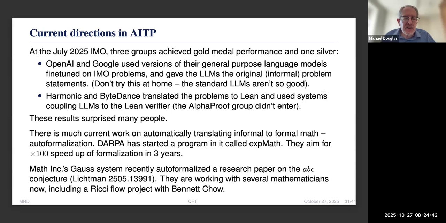There's a program that recently started at DARPA, a solicitation for grants, that they want to make formalization much faster. And their target is this idea of auto-formalization that Christian Szegedy was one of the originators of, that if you could translate just ordinary math that people write, maybe papers on the arXiv and journals and so forth, into formal math, well, that would just solve the problem once and for all.